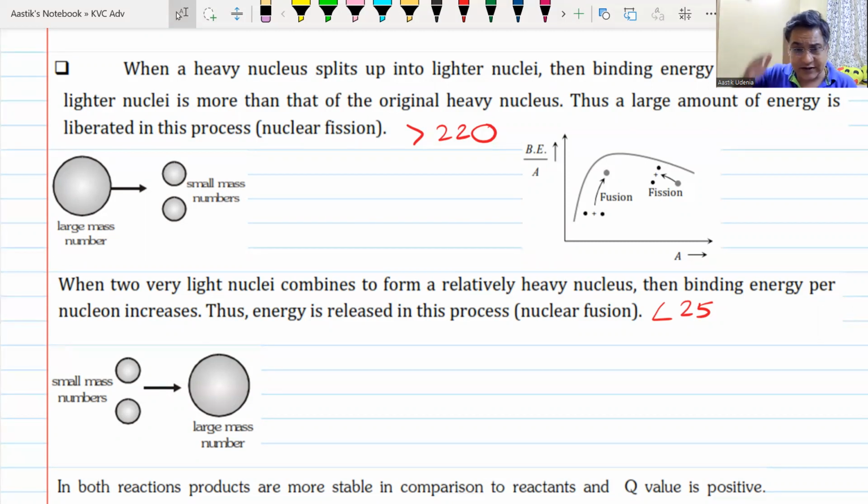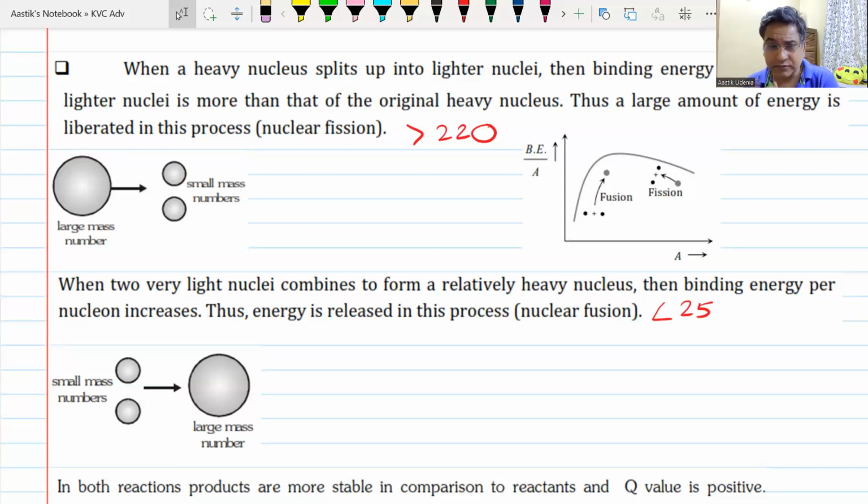Now, when the mass number becomes greater than 220, the binding energy per nucleon decreases. So if you have a heavier nucleus, with mass number more than 220, it will try to break into smaller or lighter nuclei so that it becomes more stable. Yes or no?